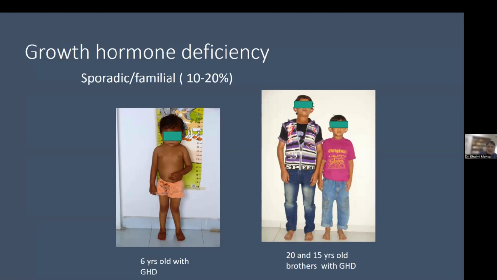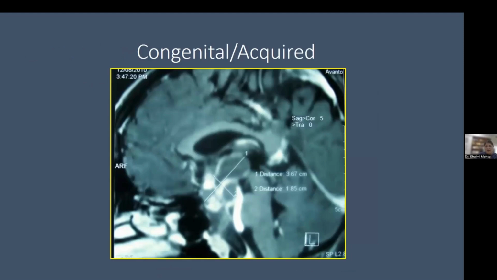So the child has been born with a growth hormone deficiency. It can be sporadic or it can be a familial growth hormone deficiency where certain genetic mutations are present. So these are the congenital forms of growth hormone deficiency, or they can be acquired, where somebody develops, say, a craniopharyngioma in the pituitary gland, and that is pressing the pituitary gland and causing it to malfunction, right?